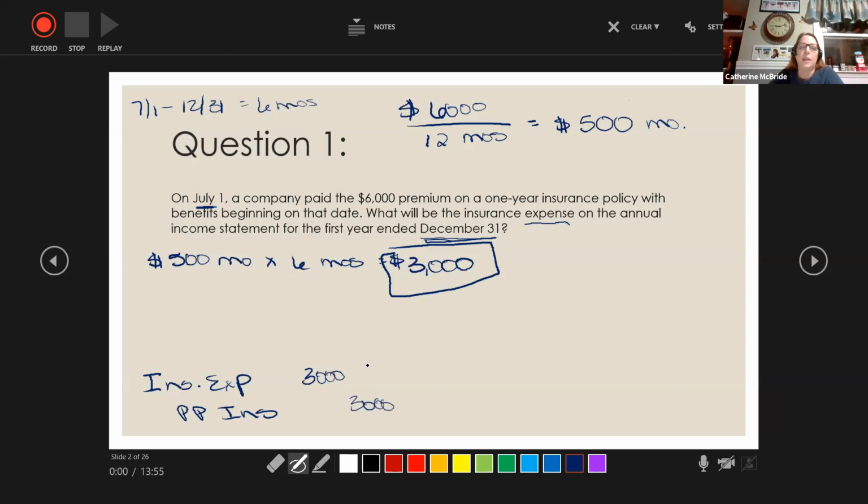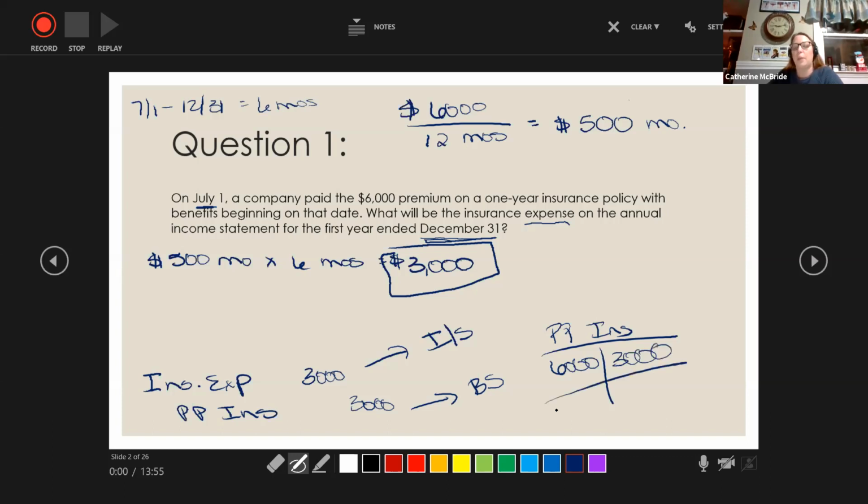So on the income statement, you're going to have your insurance expense, and on the balance sheet, you started out with prepaid insurance of $6,000. You've used up $3,000, so you're going to have a balance of $3,000. Are we good there? Yes.